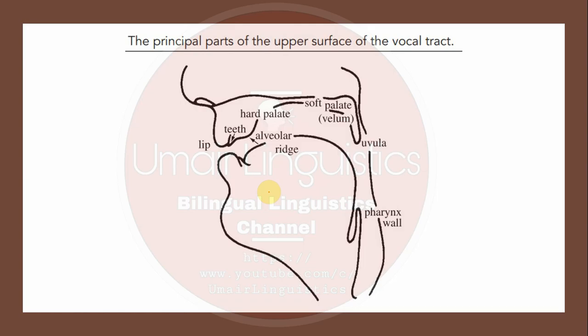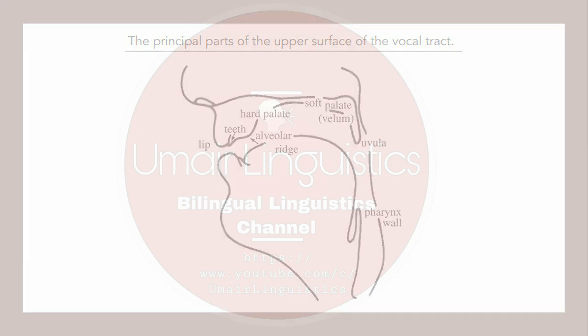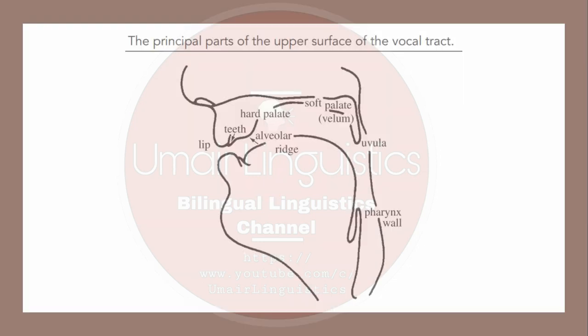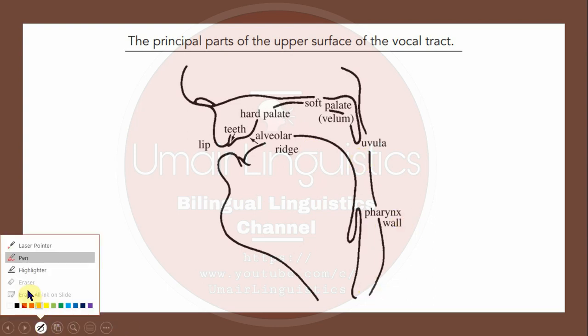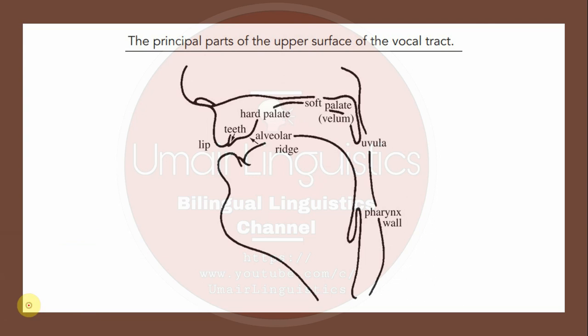Before we learn some sounds and their places of articulation, we should be familiar with the different places of our vocal tract. This is the pharynx wall, and this whole cavity is the pharynx, which is around 14 inches long.